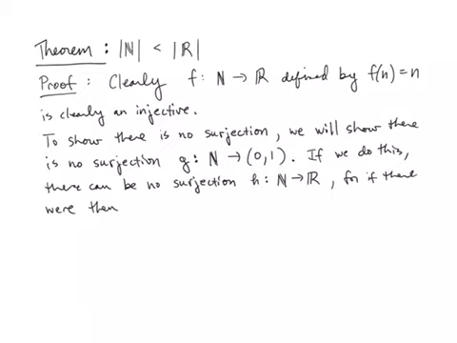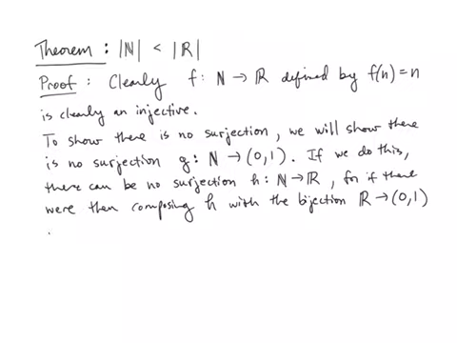then composing H with the bijection from R to (0, 1), right? We know R and (0, 1) have the same cardinality, so there's a bijection between them.